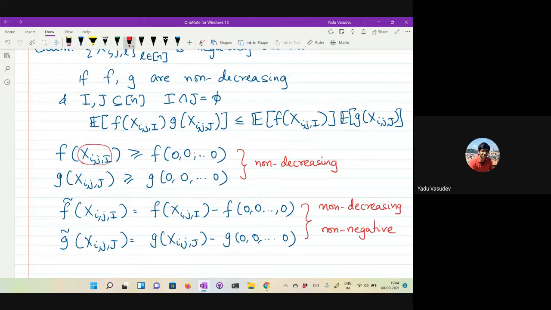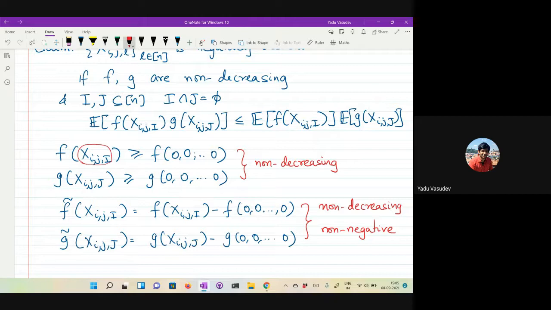So if f(0,0,0) is greater than 0, then this is always greater than 0. Otherwise, also this will be positive. If it is negative, then these are only going to be positive. So these are definitely non-negative numbers, right?